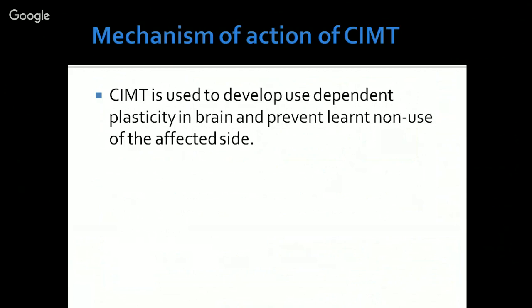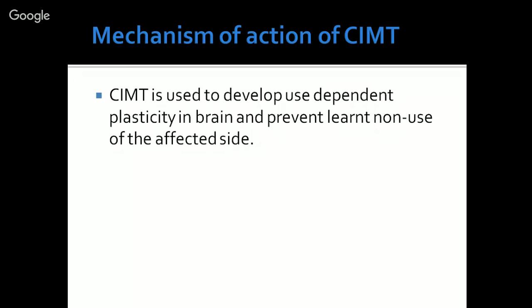As we use the affected side more and more, the brain starts undergoing changes, and these changes are in fact learned, and the person is encouraged to prevent the non-use of the affected side. And learned non-use is a phenomenon where in the post-stroke period, as they recover from their physical disabilities, they start attempting activities.